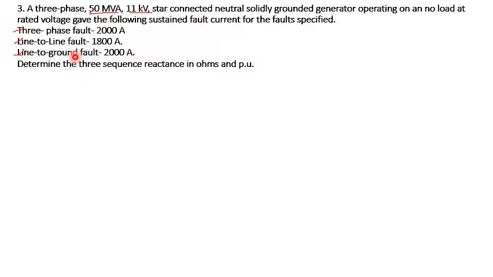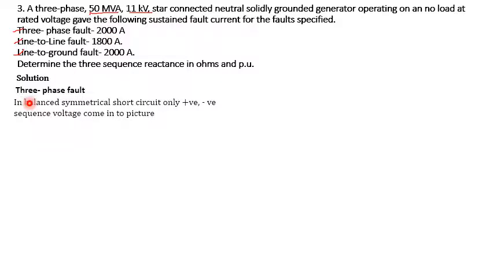So let us consider the first type of fault that we are considering, the three-phase fault. It is 2000 amperes. In a balanced symmetrical short circuit, only positive sequence voltage comes into the picture. So what is the interconnection sequence network diagram for the three-phase fault?